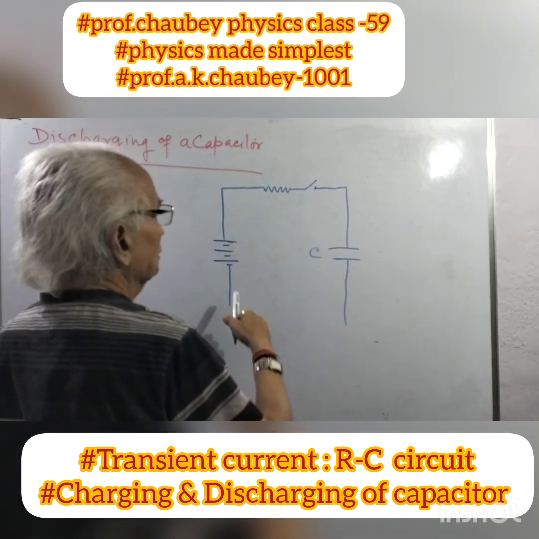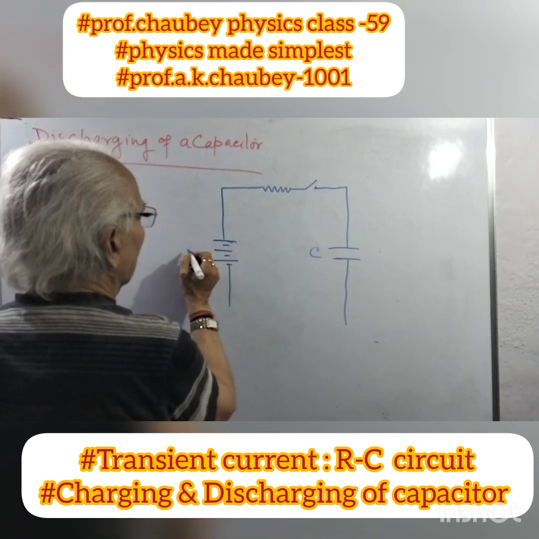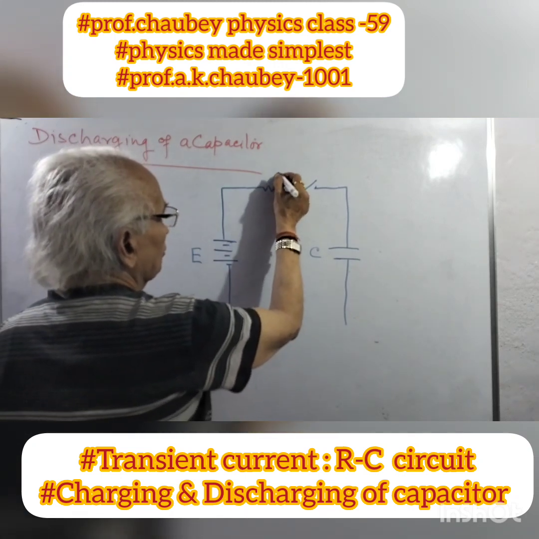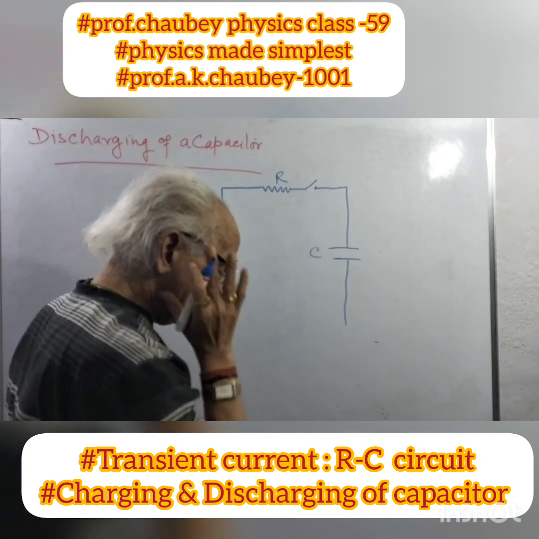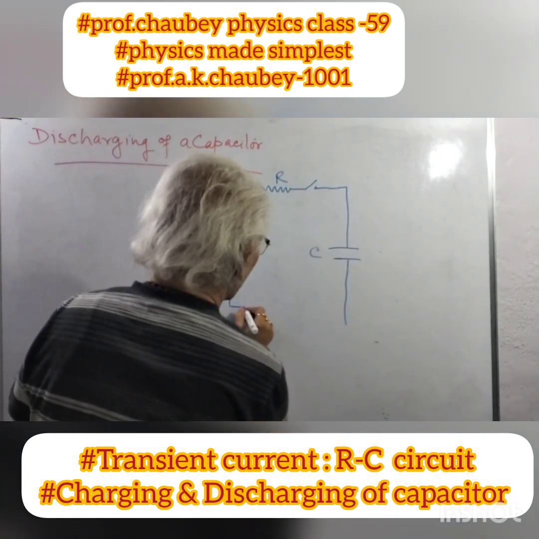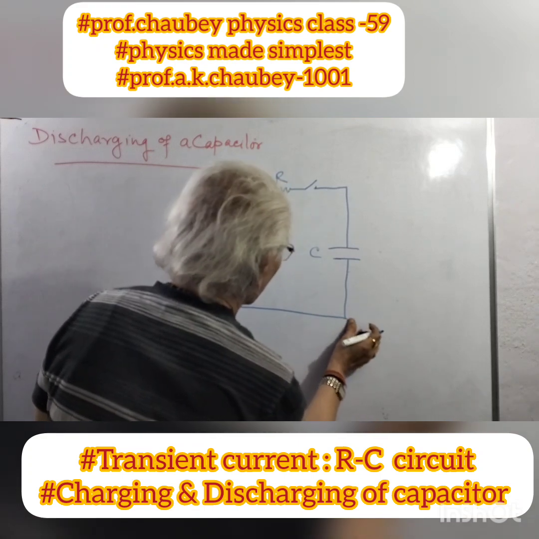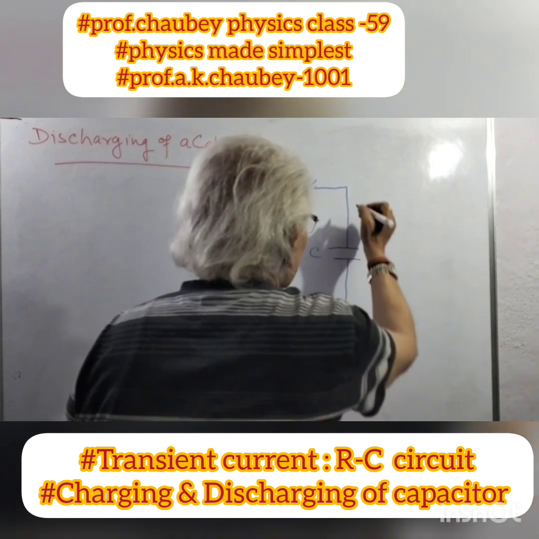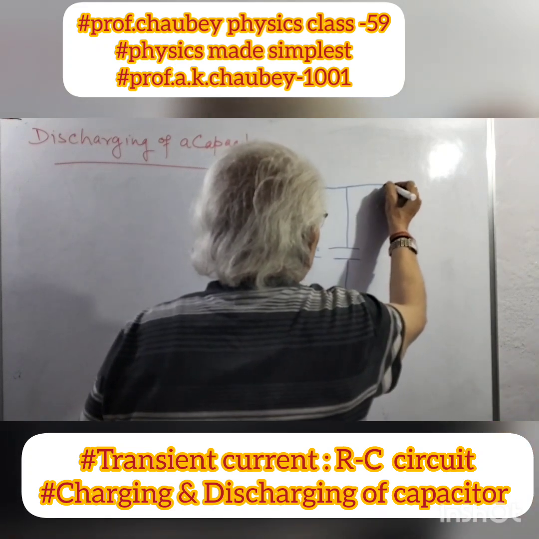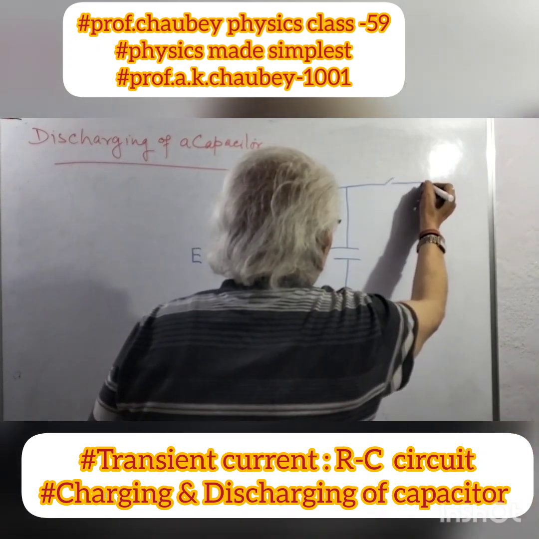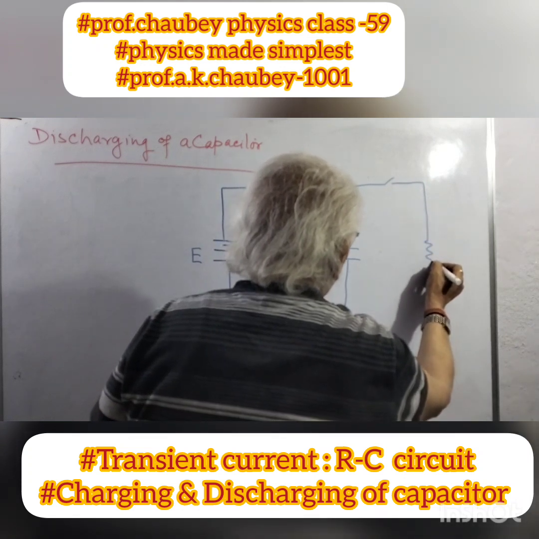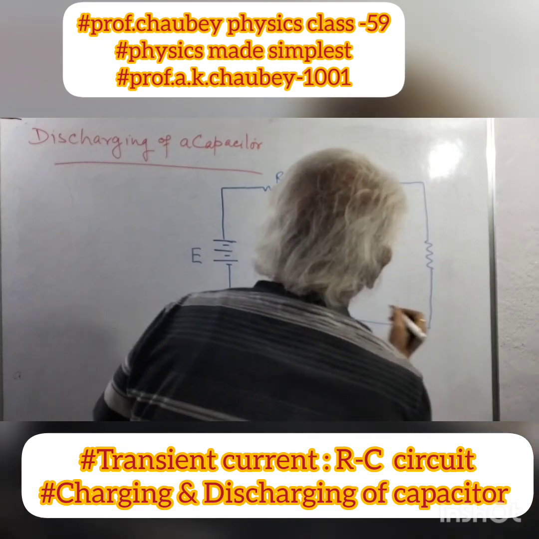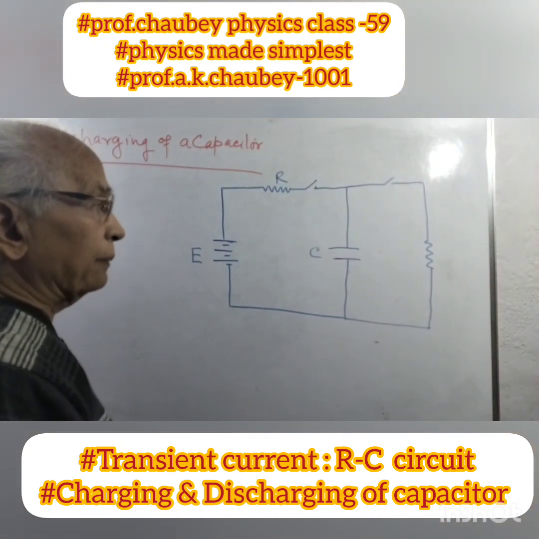C is the capacitance. The same circuit I am drawing, that battery of E connected through R and C, and then this is another key, to see the discharging of the capacitor.